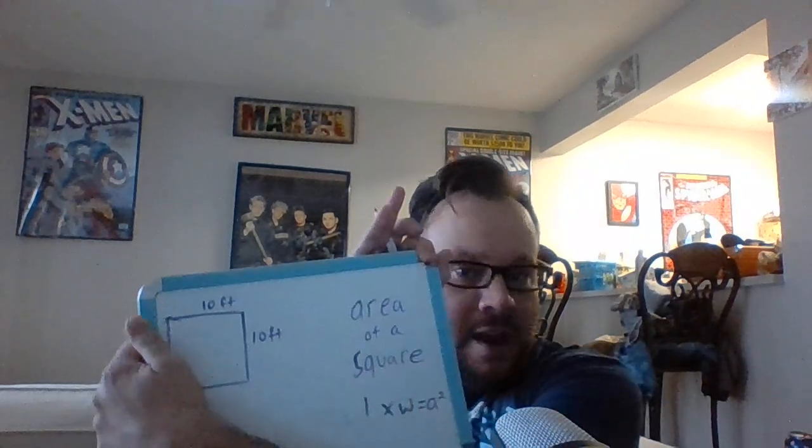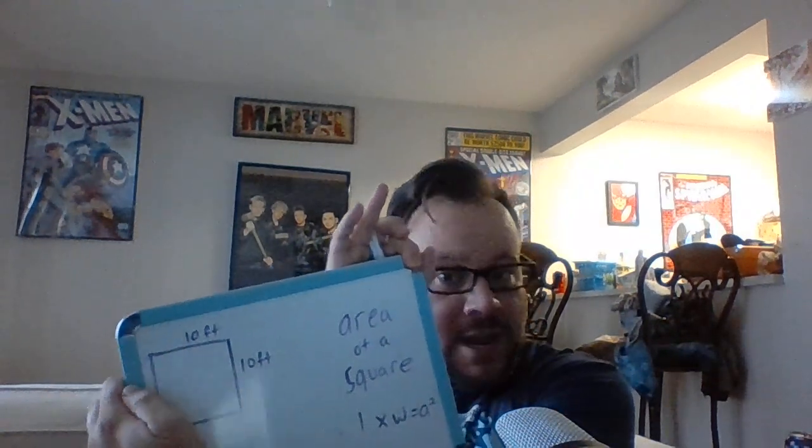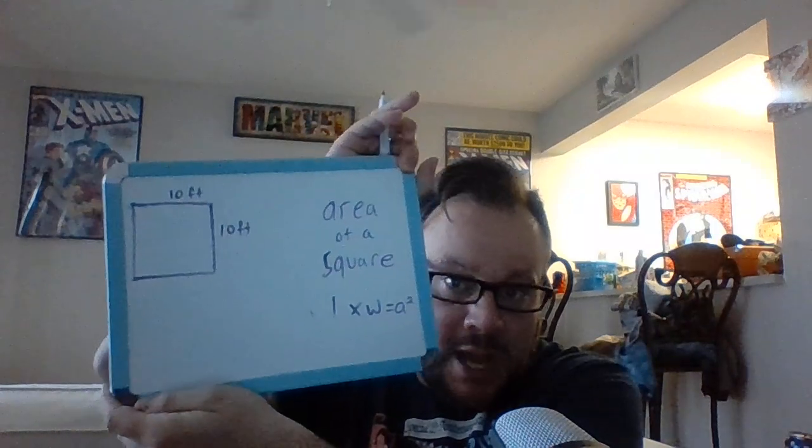All right, let's do another square. We'll keep what we have here. Keep it simple. What's a good number to use? Let's do 10. We'll say 10 feet, right? By 10 feet. What's 10 times 10? Right? So let's figure that out.